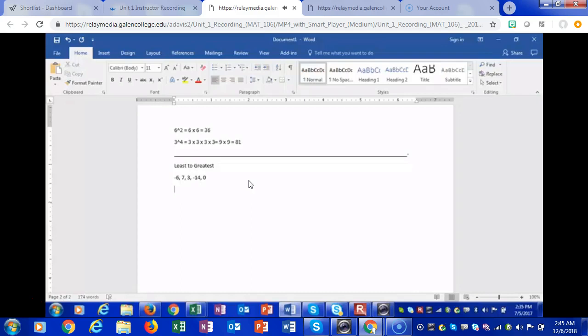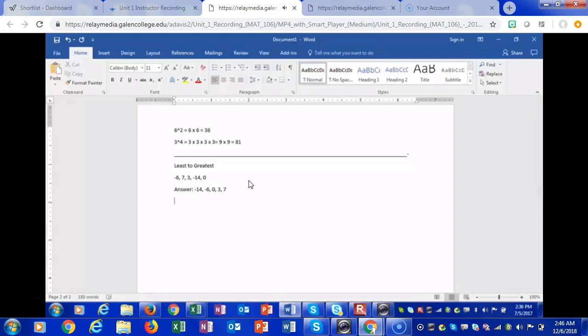When they say least to greatest, they mean from negative to, of course, 0 to now the positives. So the highest negative that we have is negative 14. The next highest negative that we have is negative 6. Well, 7 and 3 are positive numbers, but we still got a 0 there. So 0 goes next. And then, from there, 3 is the closest to 0, and 7 is closest to 3. This is how you would range least to greatest. Okay? And we'll just go ahead and mark it here as answer.